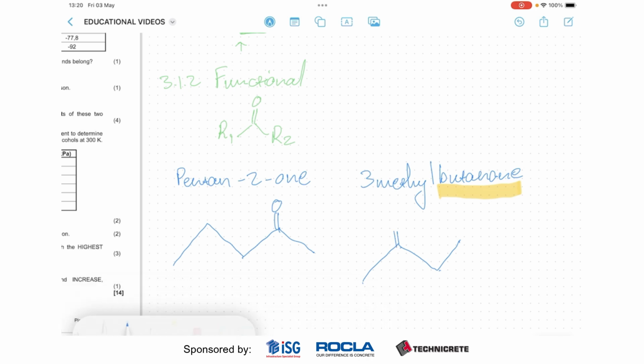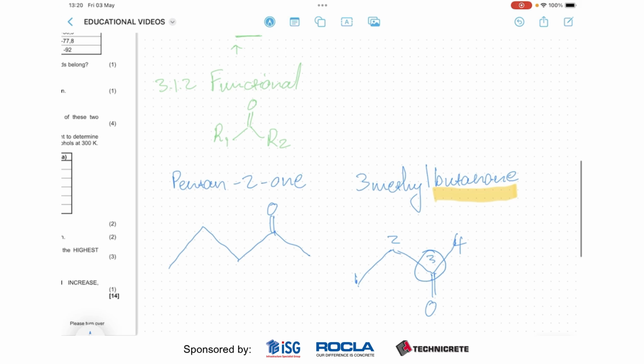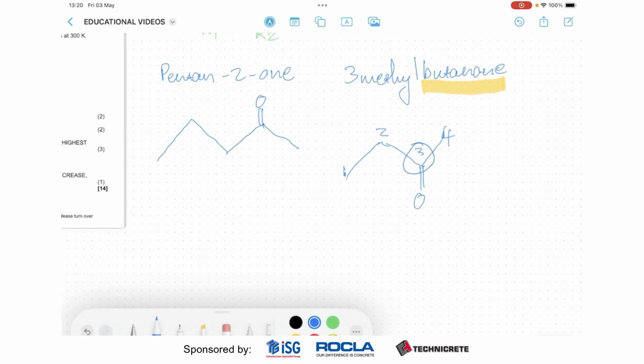If we put it the other side, we can't put it anywhere else. If we put it on the ends, it becomes an aldehyde. If we count again, 1, 2, 3, 4, regardless of which way we do it, it's always on the same carbon. In the previous case, maybe it'll help if I draw it.